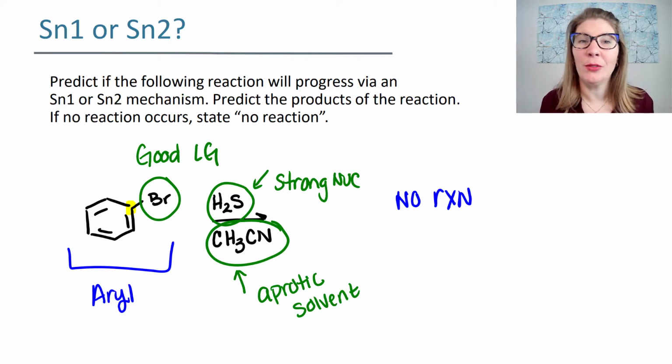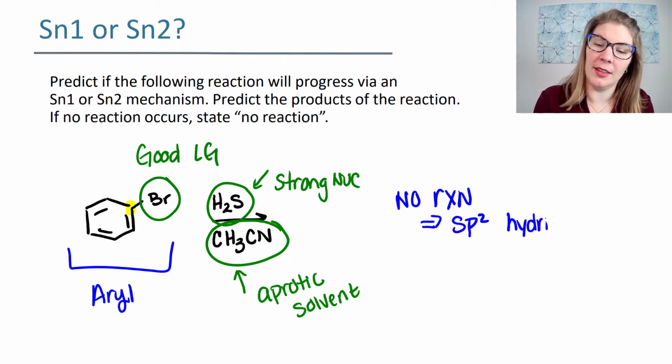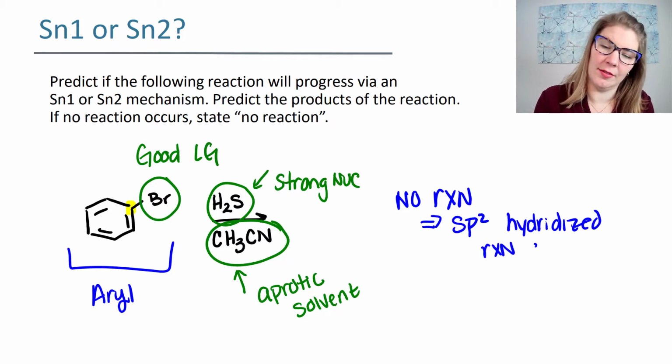And you cannot have inversion of configuration if you don't have an sp3 hybridized carbon. So there's no reaction for SN2 because you have an sp2 hybrid reaction center.